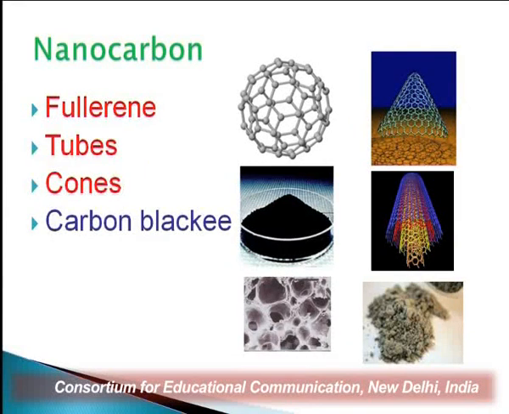But most prominently we have worked on fullerene, carbon nanotubes, carbon cones and carbon blacks. In the diagram we have the different forms of nanocarbon, in which fullerenes and carbon nanotubes are commonly used in research and development.